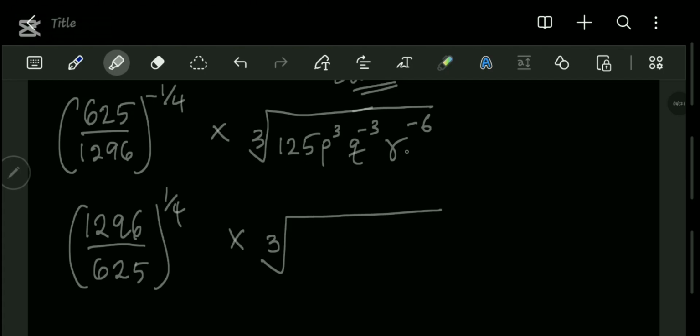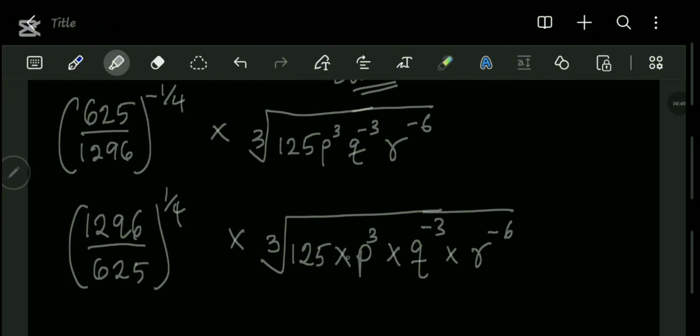So if I expand this here, this is 125 times p raised to power 3, that is the sign in between them. Then the sign in between this p and q is also multiplied by q raised to minus 3. Then the sign in between the q and the r is also multiplied by r raised to minus 6. So I just indicated that what is in between all of this is a multiplication sign.